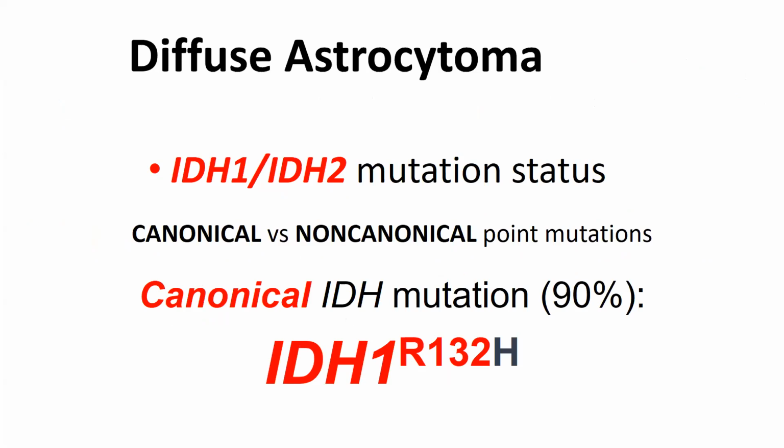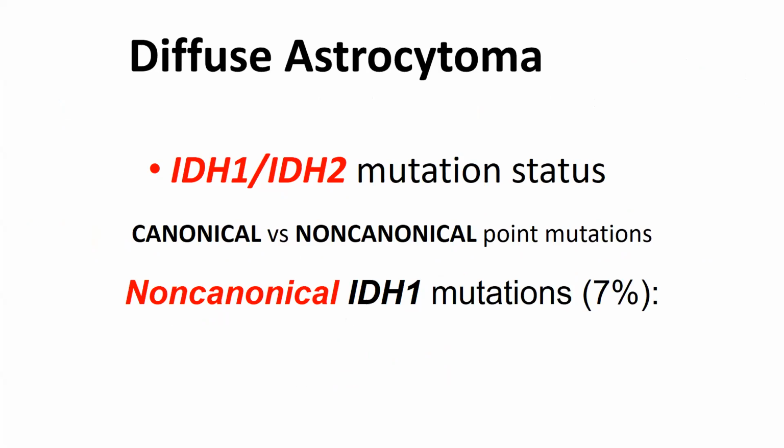That's a specific point mutation. Non-canonical IDH1 mutations account for about 7%. If you do the math, 90 plus 7 is 97, which means only 3% of IDH mutations in diffuse gliomas are IDH2, by definition non-canonical mutations because they're rarer.